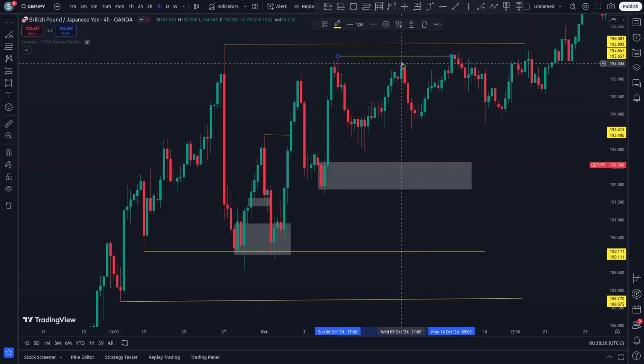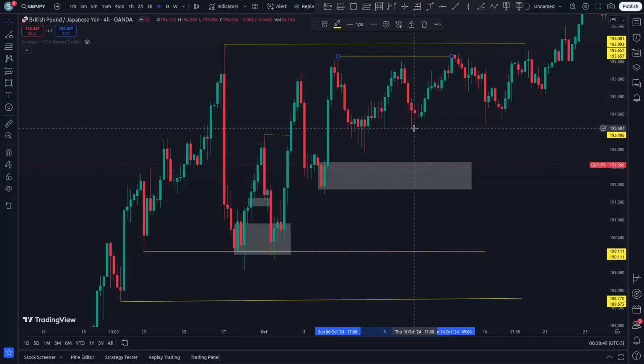It tricks them into a sell position. When they get into this sell position with their stop loss order here, market then reverses to hit this high here, takes out this high, then still takes out this liquidity here.